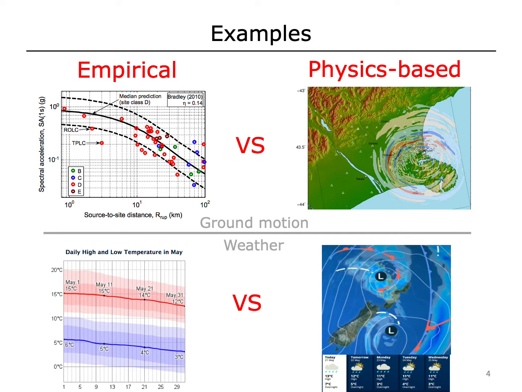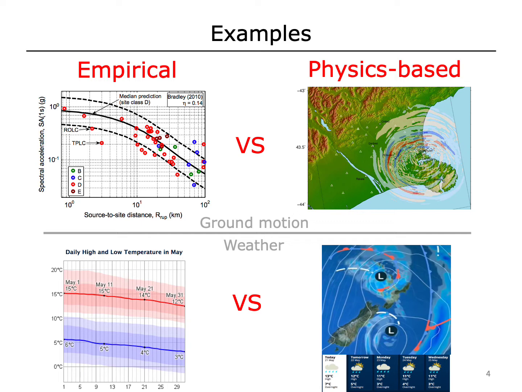So in an empirical context, ground motion prediction might be depicted such as shown on the upper left-hand slide, where we have observed values of spectral acceleration as a function of distance, and each one of those points represents observations, with the black line and its dashed values indicating the model prediction, including its uncertainty, whereas the physics-based ground motion prediction in the upper right-hand panel illustrates the simulation of wave propagation.